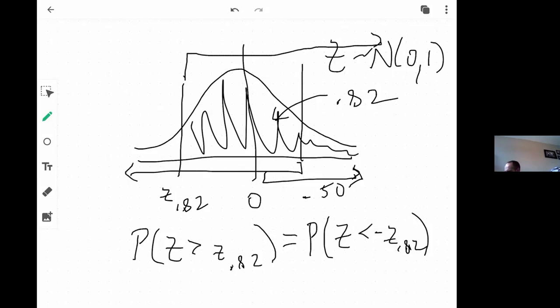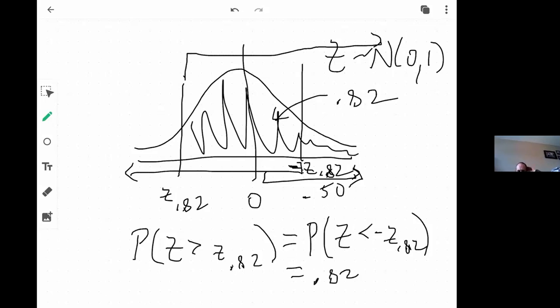This thing right here is negative z sub 0.82, and this has to be equal to 0.82.